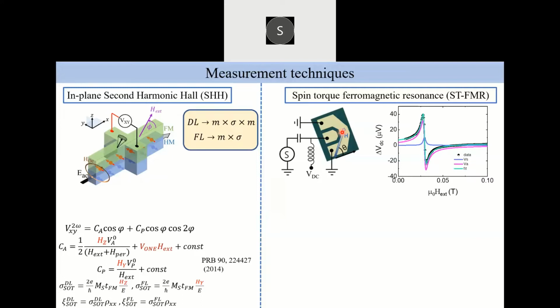Also the current is time varying, so the homodyne mixing of this AC current and AC resistance will create a large DC signal. The STFMR signal looks like this, and we can decompose it into a symmetric component and an antisymmetric Lorentzian component.